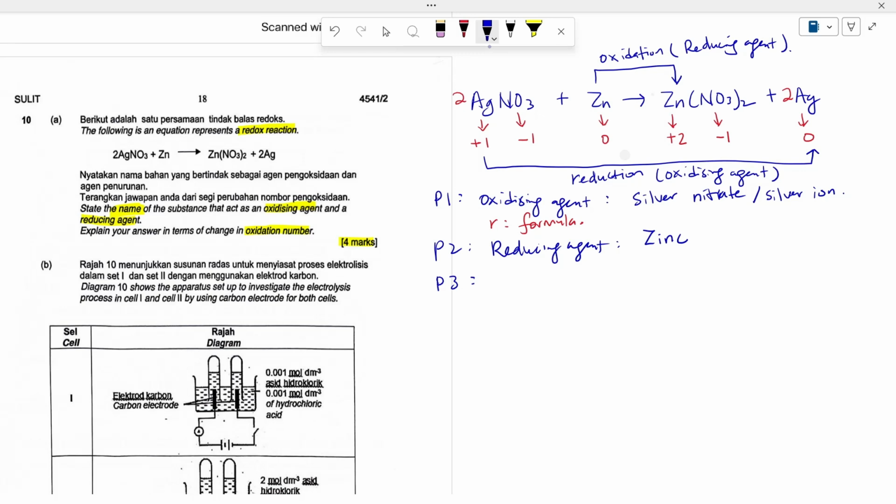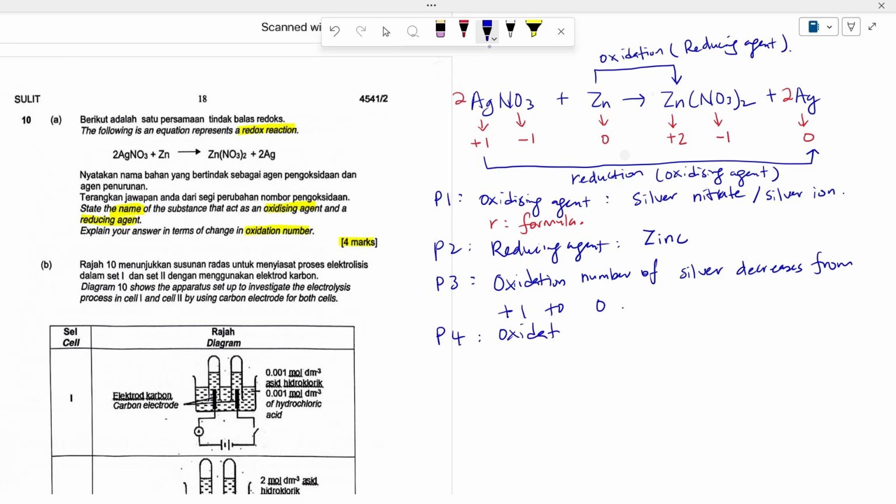Okay, because the oxidation number of silver decreases from positive 1 to 0.